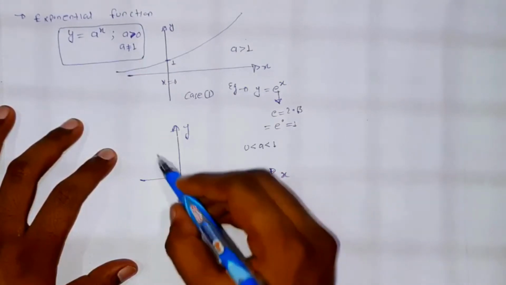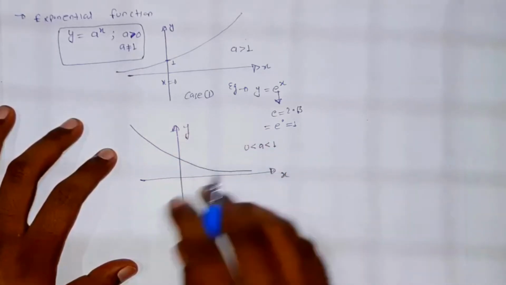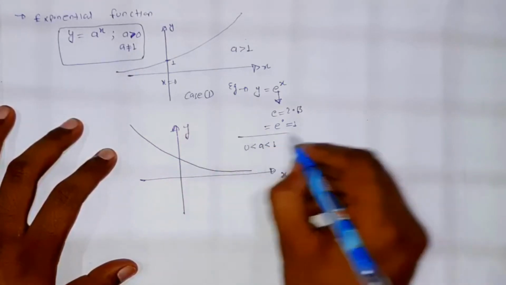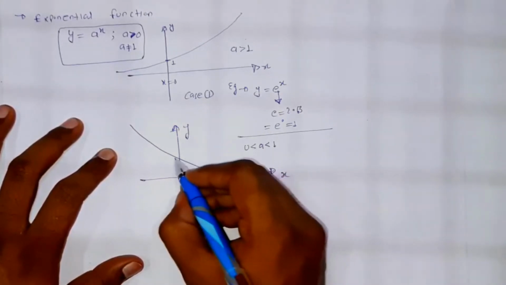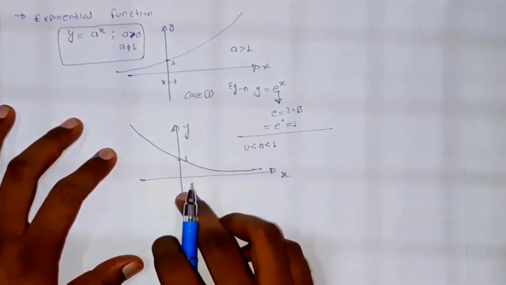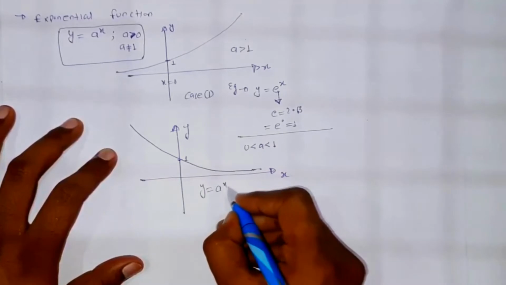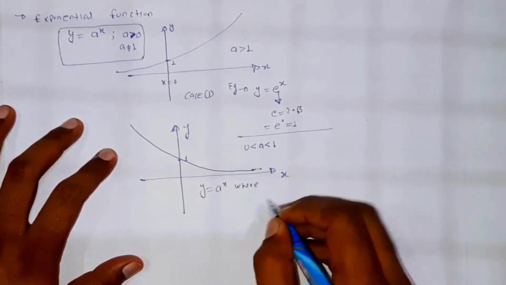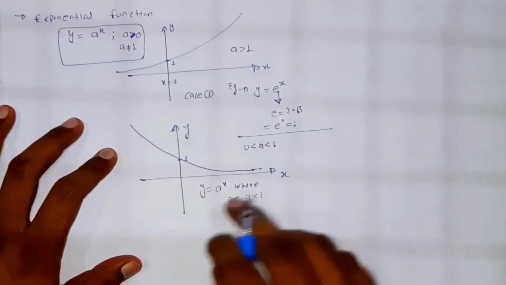Now the graph of this function will be like this, where a is less than 1 and greater than 0, and at x equals 0, y is equal to 1. So this is the graph for y equals a to the power x, where a is less than 1 and greater than 0.